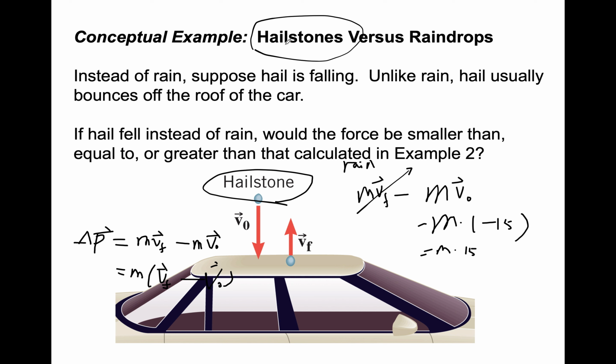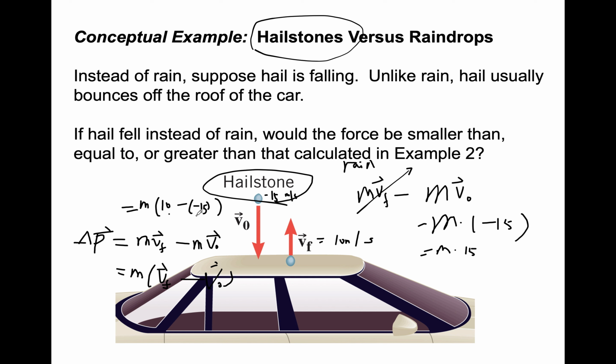Now let's see we have hailstones. The initial velocity is negative 15 meters per second. But let's say the final velocity is 10 meters per second, pointing up, so it's positive 10. So this is going to be m times 10 subtract negative 15, because the initial velocity of the hailstone is pointing down, so it's negative 15.